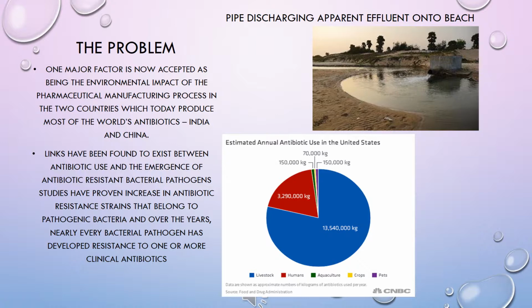Bacterial pathogen studies have proven an increase in antibiotic resistant strains of pathogenic bacteria, and over the years, nearly every bacterial pathogen has developed a resistance to one or more clinical antibiotic medications.